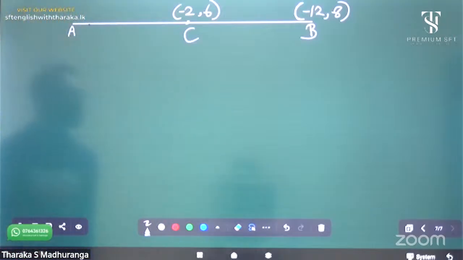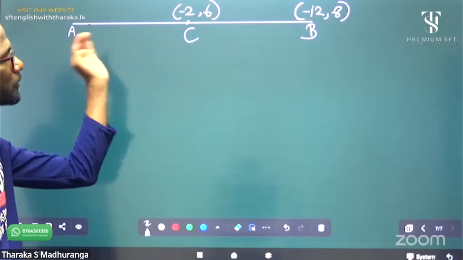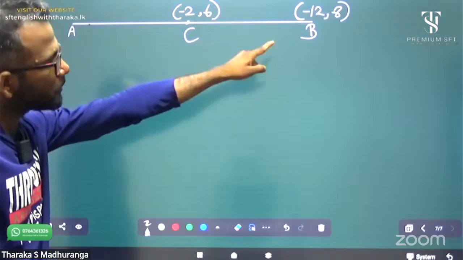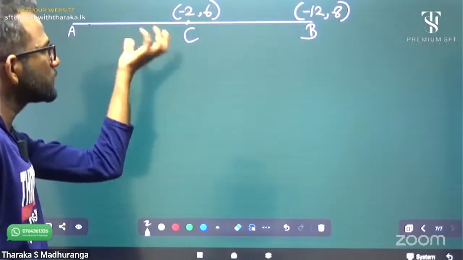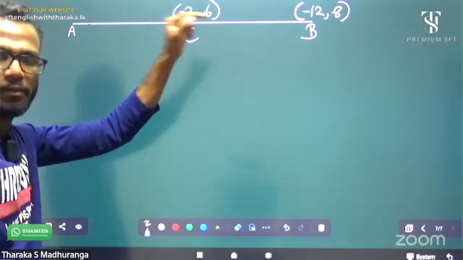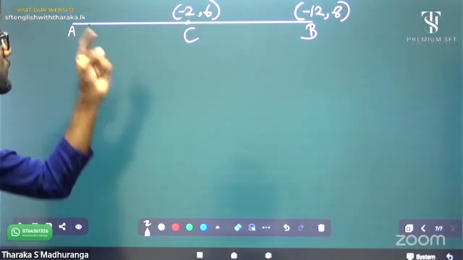Very good. The C is the midpoint of the AB straight line. B point coordinates are given as -12, 8. C point coordinates, that means the center point, are given as -2, 6. I asked what are the coordinates of A.